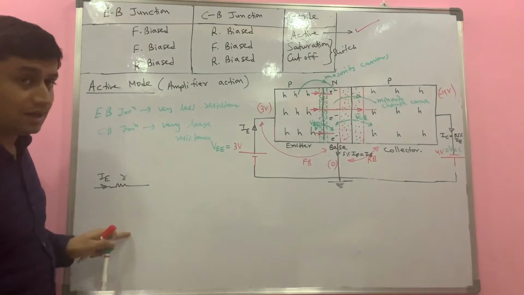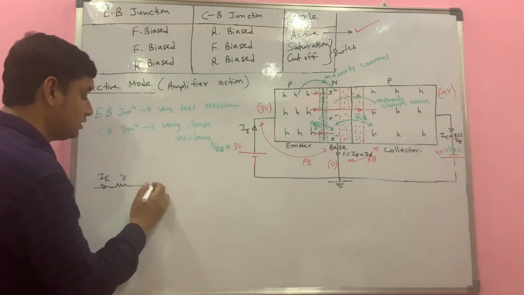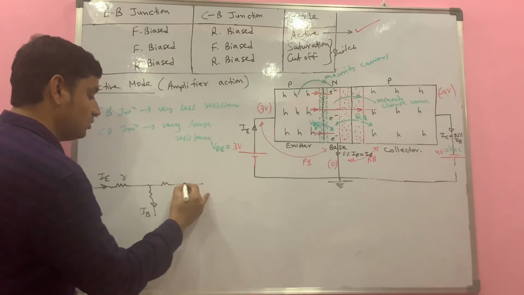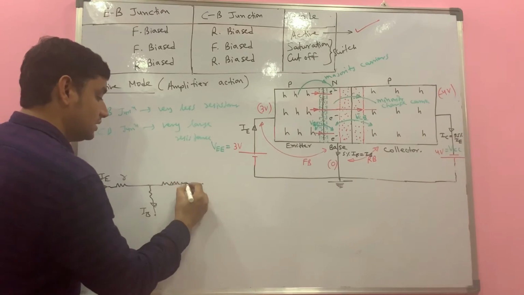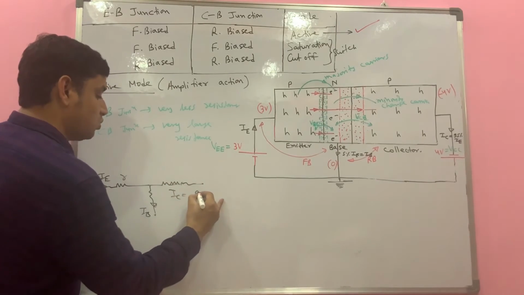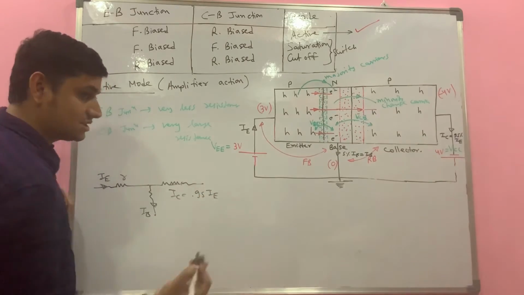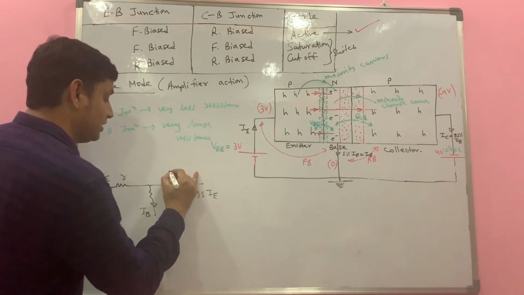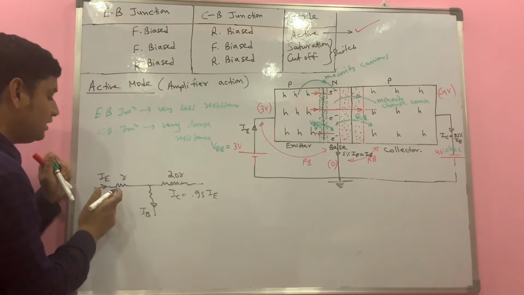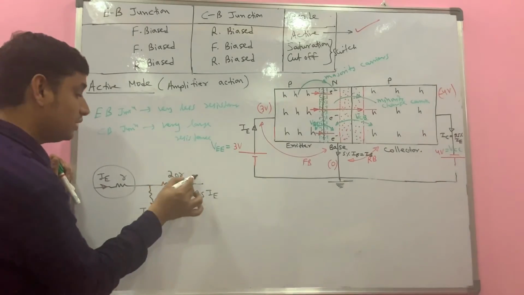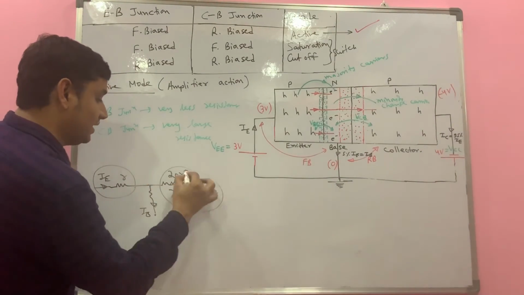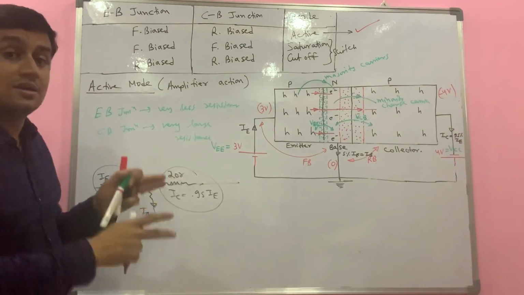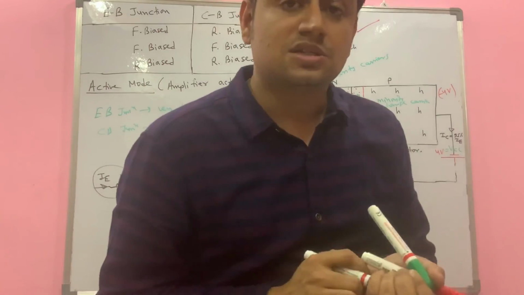Here the resistance is R, so the potential difference is IE into R. But in IB some current goes, while in the collector IC almost 0.95 IE goes. For example, it can be 0.98 or 0.99, and here the resistance becomes about 10R or 20R. So we have IE into R as the potential difference here, and 20R into 0.95 IE as the potential difference there. So this potential difference is magnified. That is the action of a transistor as an amplifier.